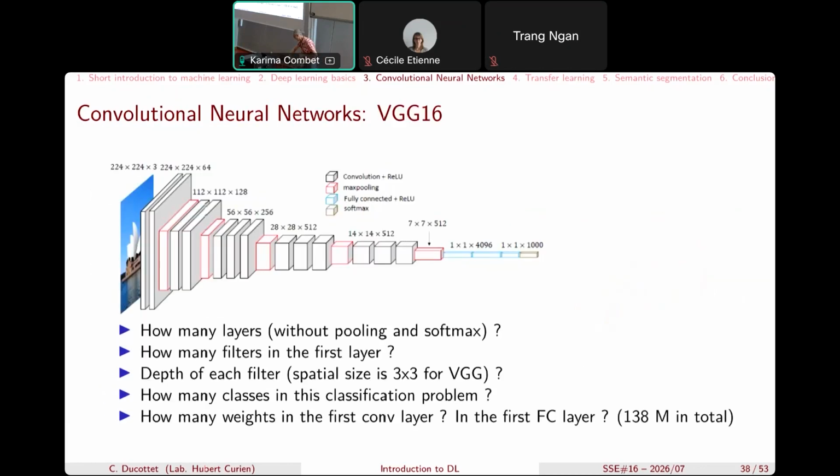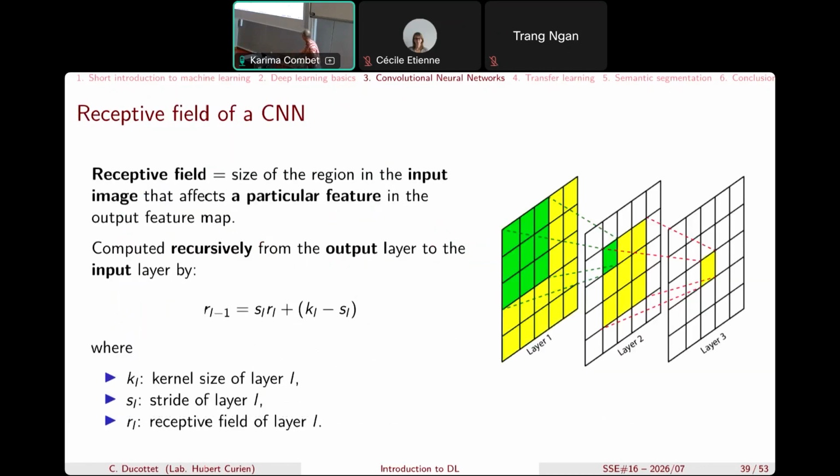As the time is running, I will not go much into the details for the last things. The notion of receptive field is interesting also. When you consider convolution operations, even if you have only 3 by 3 operations, if you chain several convolution operations, it is as if you were analyzing a larger region of your image.